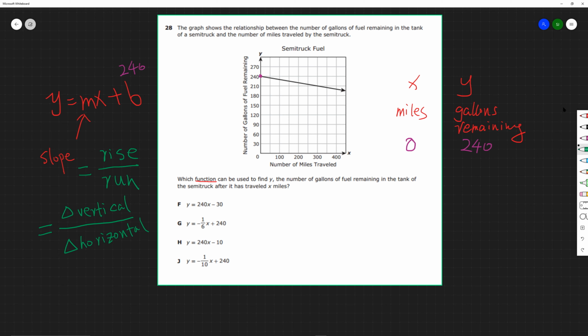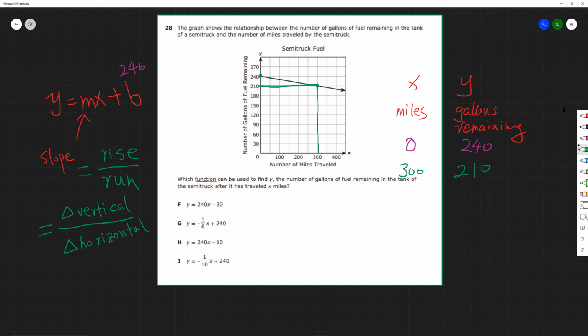So we already have this 1 point here, this intersection where x is 0 and y is 240. Now we need another point. Let's take a look. This one appears to be a good data point, because where x is 300, the corresponding y is 210.